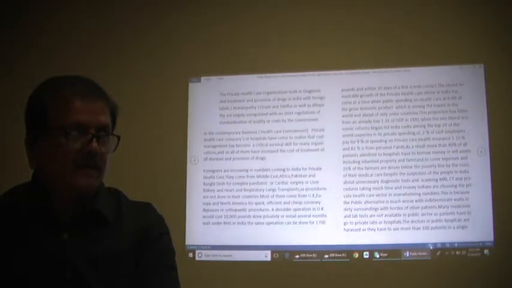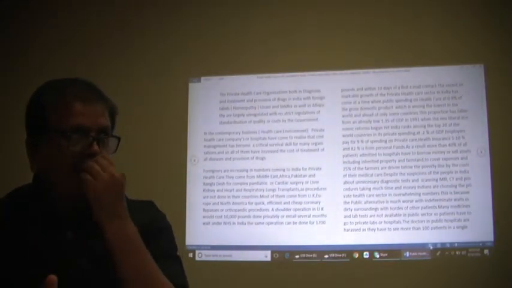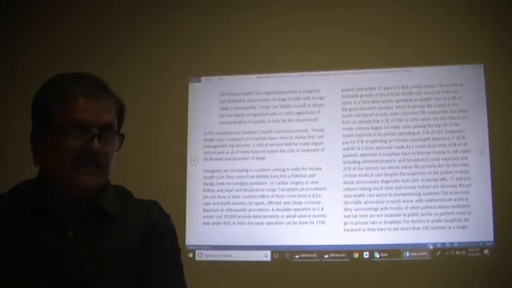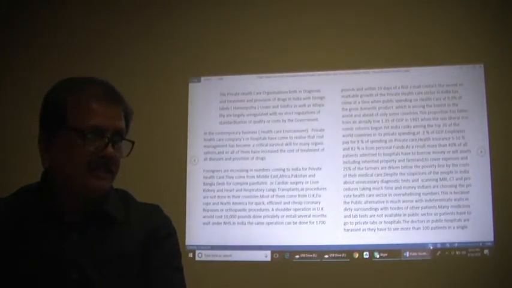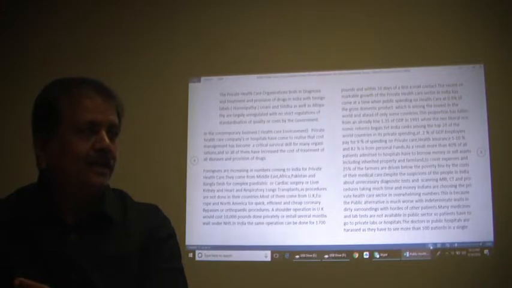That is the reason why the private players, in the name of corporate culture and corporate hospitals, do a marvelous job by cutting down the cost compared to the US, for each and every diagnosis or organ donation or fertility or infertility or spine surgeries or cosmetic surgeries, and particularly in fertility. It has become a booming industry in South India, particularly in Chennai.